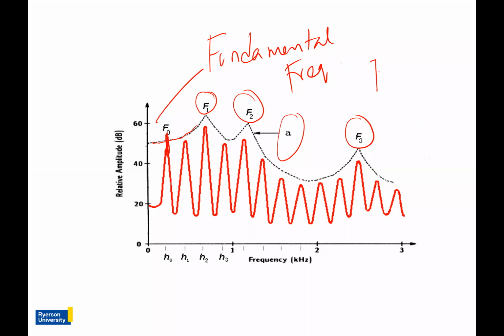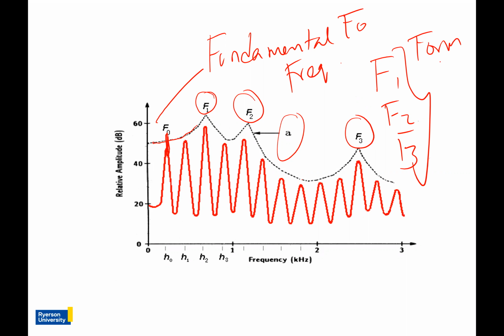So F1, F2, and F3, if F0 is the fundamental, are called formants. F-O-R-M-A-N-T-S, formants.